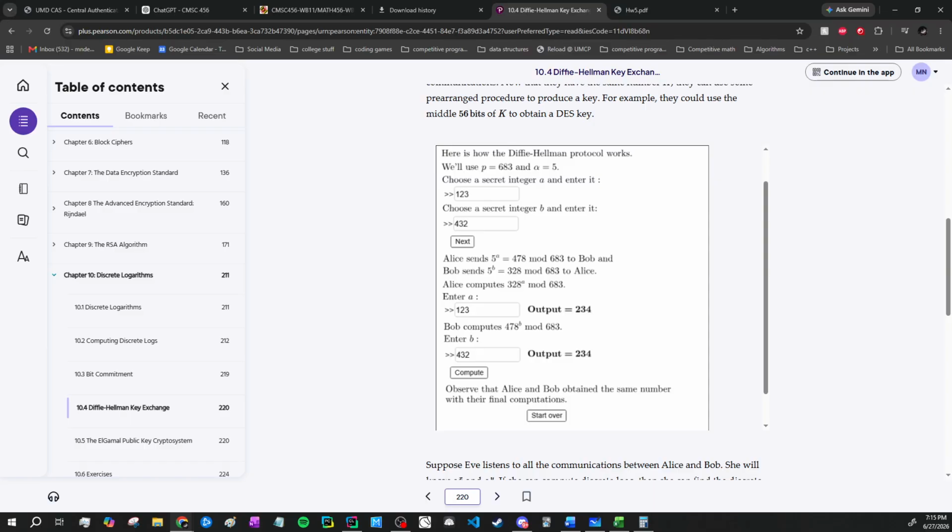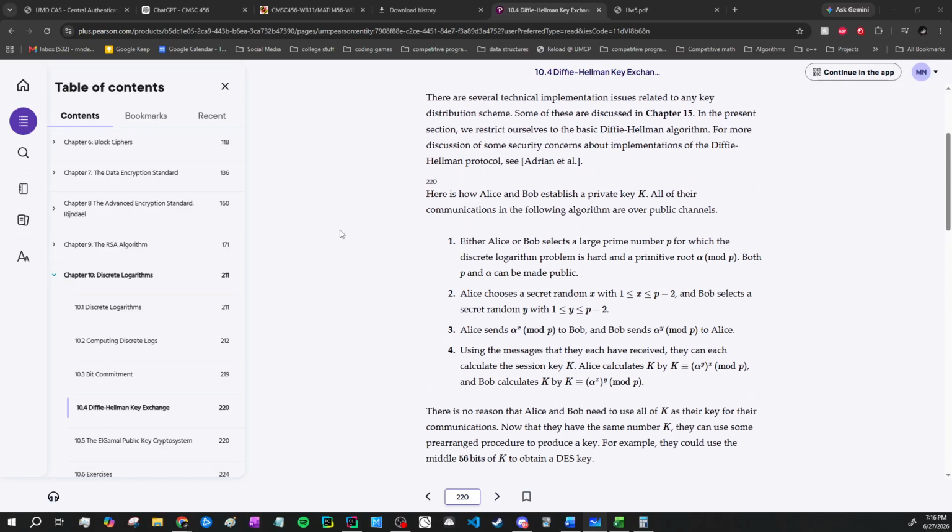So Alice sends, I believe... it seems that 1, 2, 3 doesn't really work, so it's 3 prime 5.